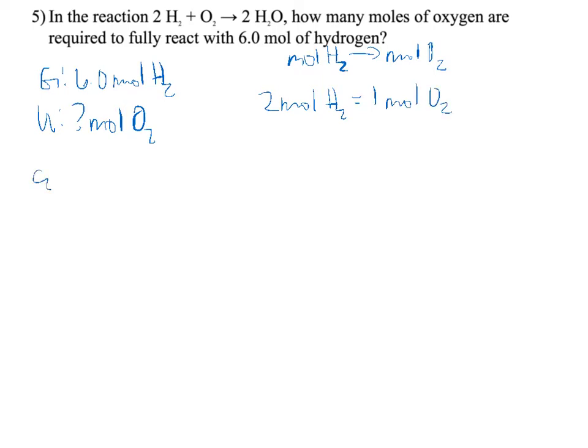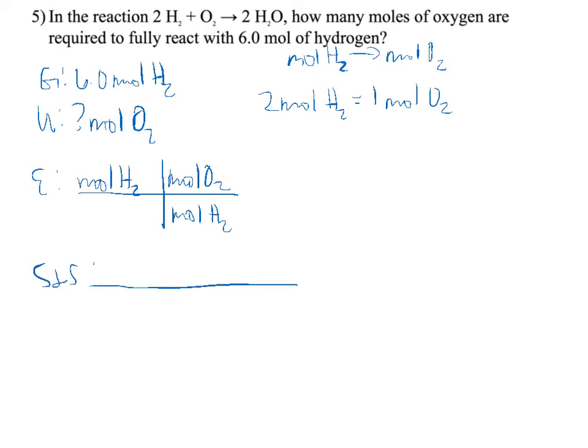So now we just need to do our equation. We started with moles of hydrogen. We're trying to get into moles of oxygen, which means we need moles of hydrogen on bottom so that our units cancel. Substituting into this, we're given 6.0 moles of hydrogen in the problem right up here.